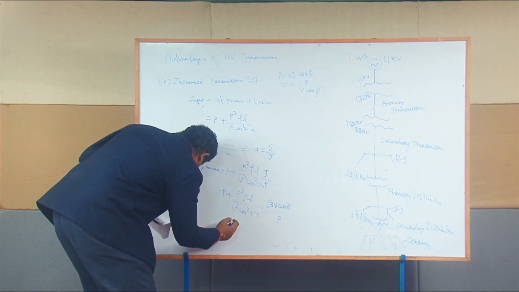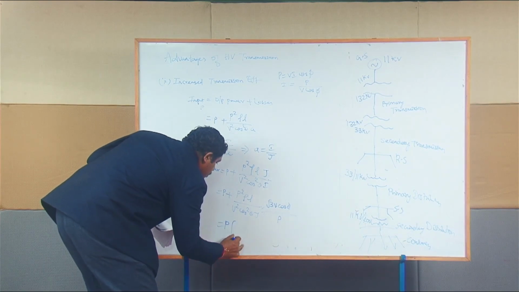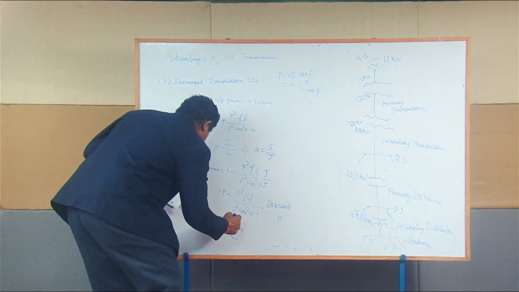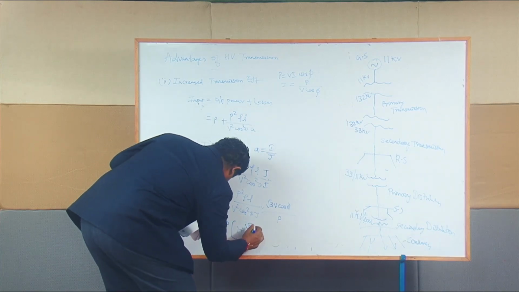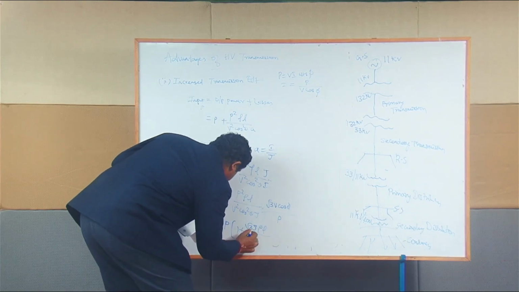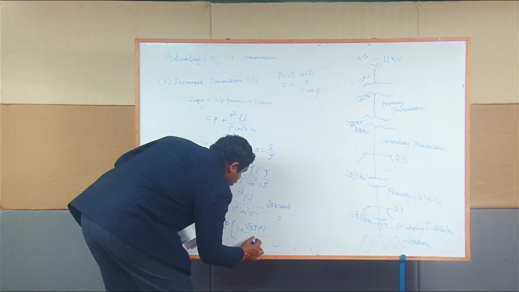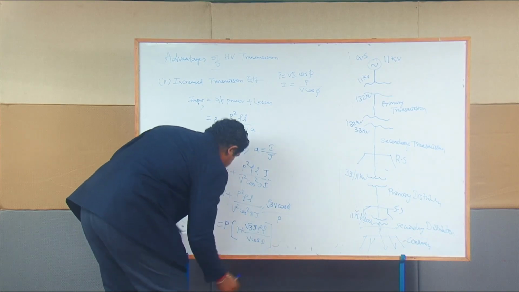It will be P into 1 plus root 3 J into rho L divided by V cos theta.